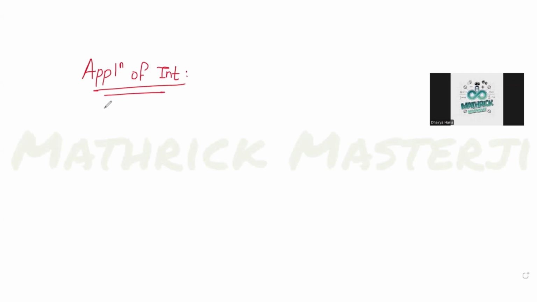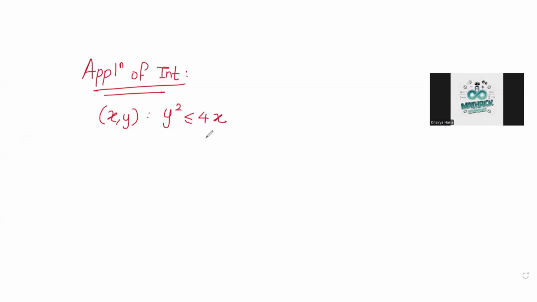Let's see today's question. Today's question is from the topic of applications of integrals. The question tells us to find the area of a region given by the curves. The first curve is y squared less than or equal to 4x.